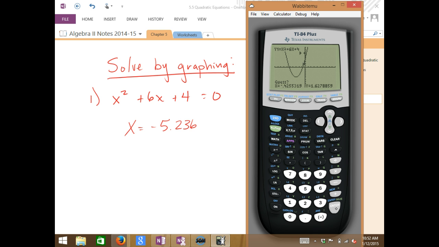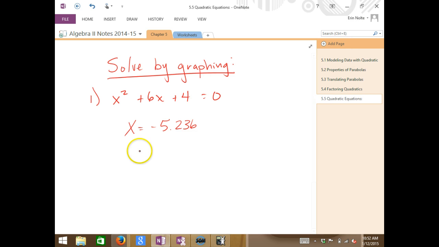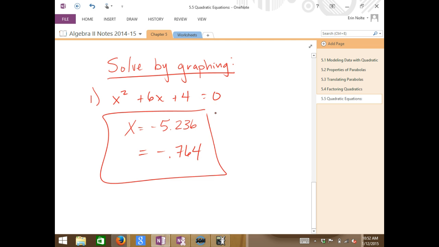We're graphing and finding 0. Since my two arrows are pointing at each other, I can hit enter. And so did everybody get a second answer of negative 0.764? Okay, so I'd say negative 0.764, and those would be my two solutions for this quadratic equation.